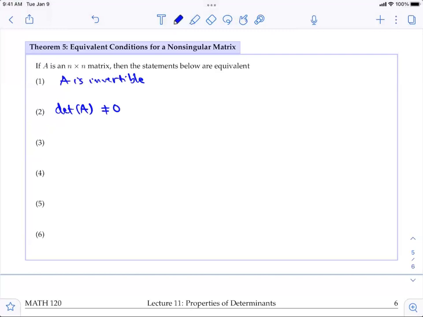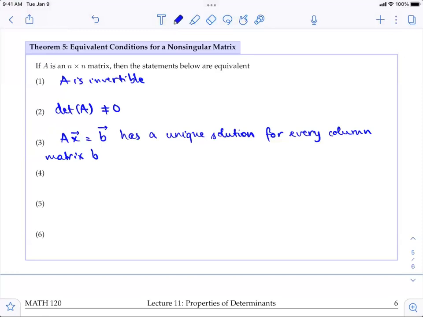And when A is invertible, or the determinant of A is different from 0, you have that AX equal to B has a unique solution for every column matrix B of size n by 1.